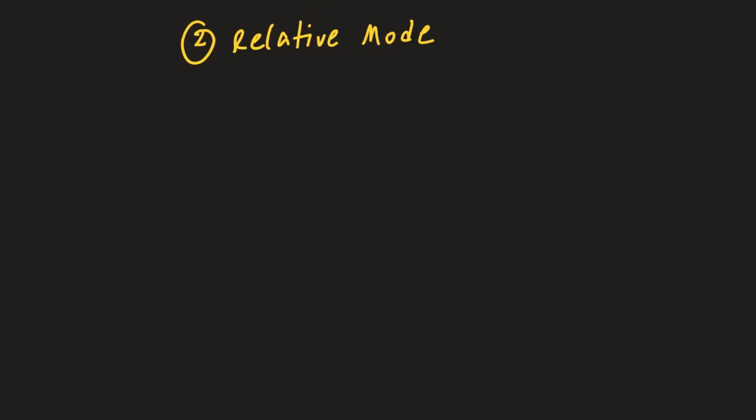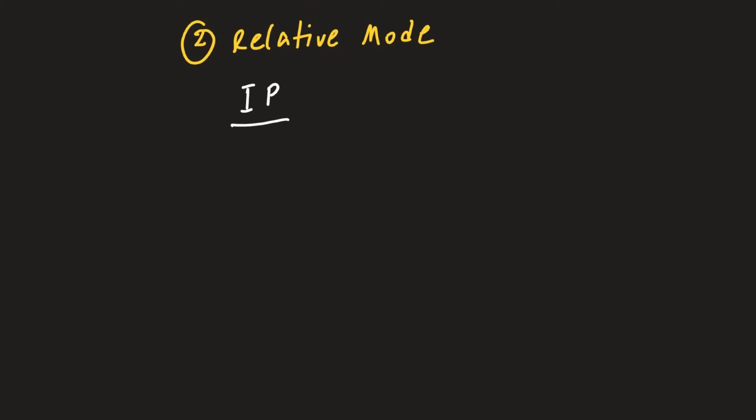The next one is relative program memory addressing mode. In this type of addressing mode, a displacement is given. The displacement can be of 8-bit, it can be also of 16-bit. Here relative means the address will be relative to the instruction pointer.